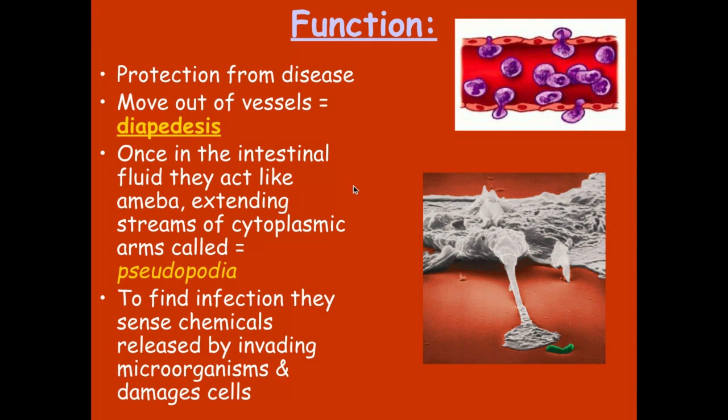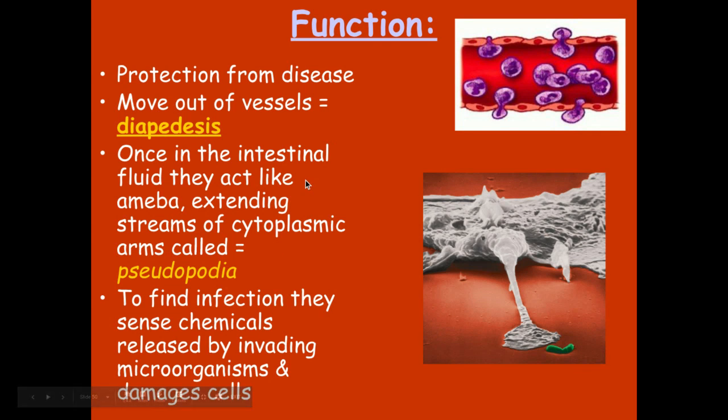The function of the lymphocytes is to protect us from disease. They move out of blood vessels in a process called diapedesis. And once lymphocytes are in the interstitial fluid, they act like amoebas. They can stretch themselves out and go engulf things.